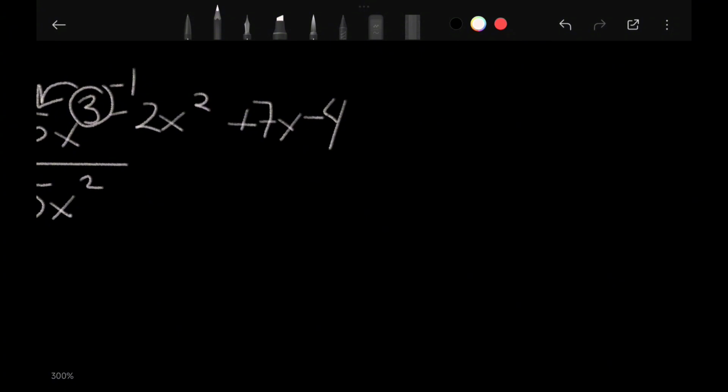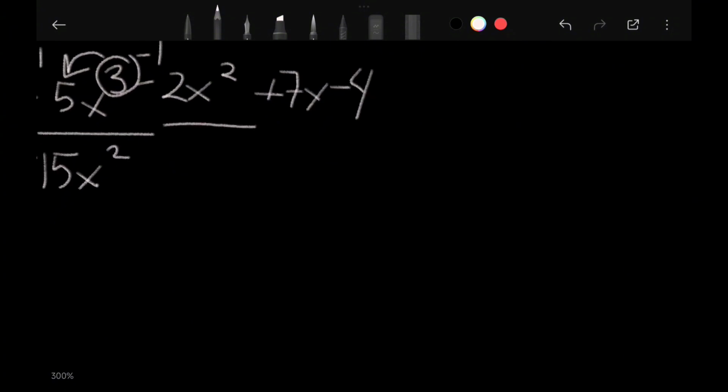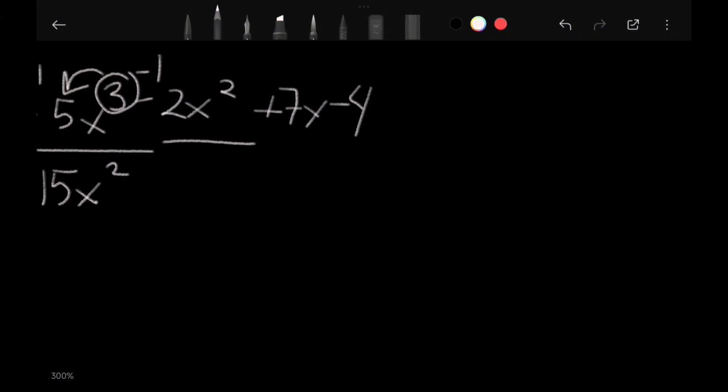Next is negative 2x squared. 2 times 2 will become 4. Then bring down x. Then minus 1. Okay? Since we all know that the visible number beside the x is 1, we don't have to include that as 4x to the power of 1.